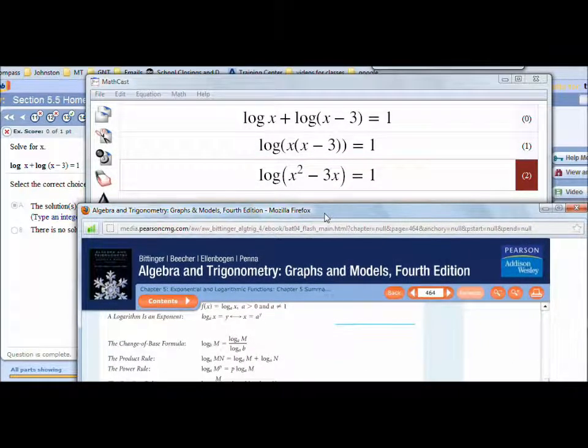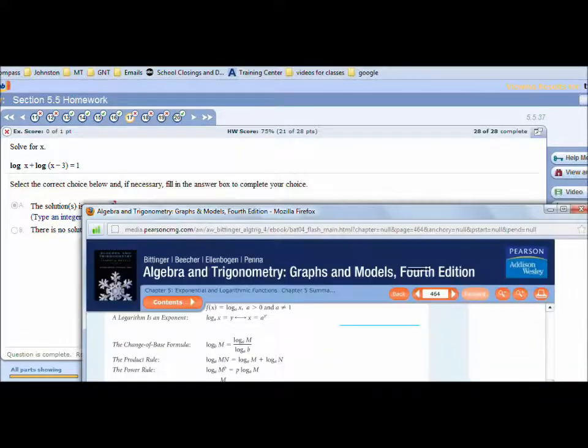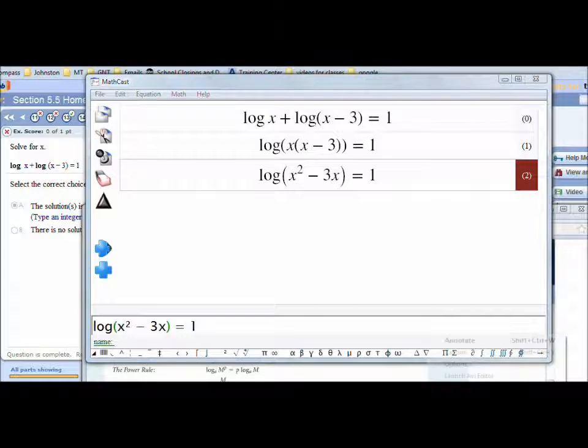So let me annotate so you can see what I'm doing here. Oops, don't want to do that. Now look what I did. Oops, not that one. There we go. And let's annotate.